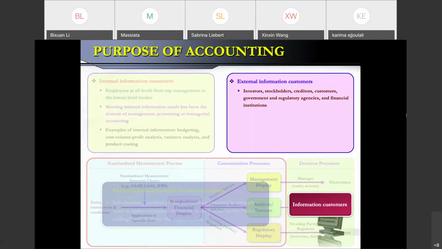External information: customers, investors, stakeholders, creditors, government, regulatory agencies, financial institutions.